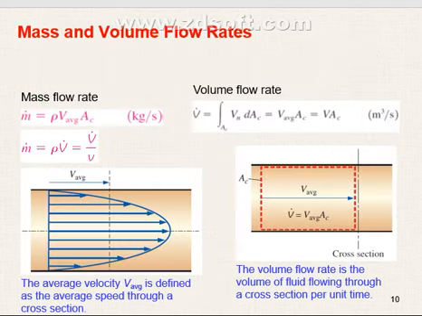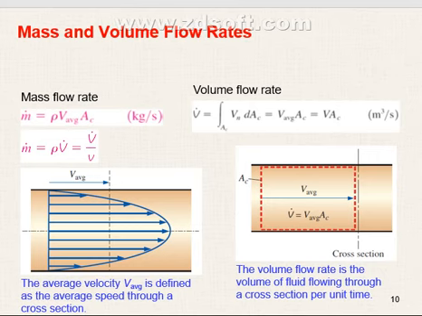Now, as I told you guys, we have mass, mass flow rate, and volume flow rate. We need to understand the difference between them. In simple words, when you have anything over time, it means rate.